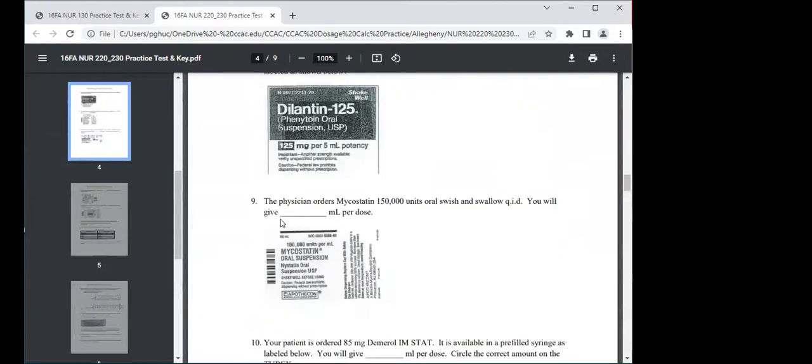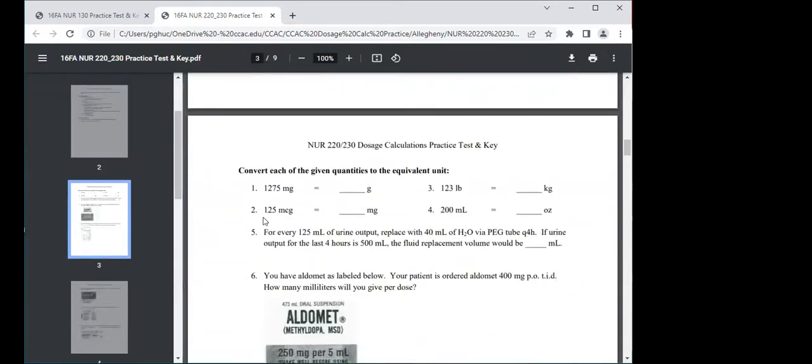Okay. So you never round basic unit conversions. So number 1 and number 2, there's no rounding. The answer for number 1 is 1.275. Do not round basic unit conversions, meaning when you go from milligrams to grams, do not round those.